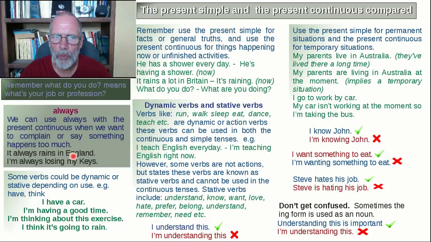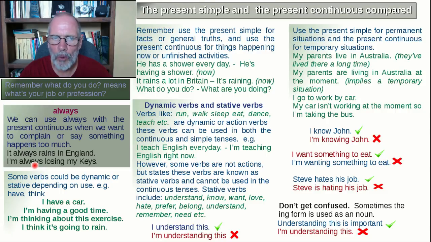"It always rains in England." This sentence is in the present simple and it is just a statement of fact. The second sentence says, "I'm always losing my keys." Here we are using "always" in the present continuous.